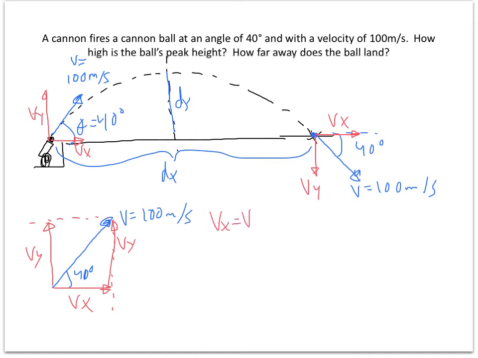So those trigonometry formulas come in where I have Vx equals v cosine theta. So I can solve for my x component. Let's do that right now. 100 times the cosine of 40 degrees, and that gives me an x component of 76.6 meters per second.